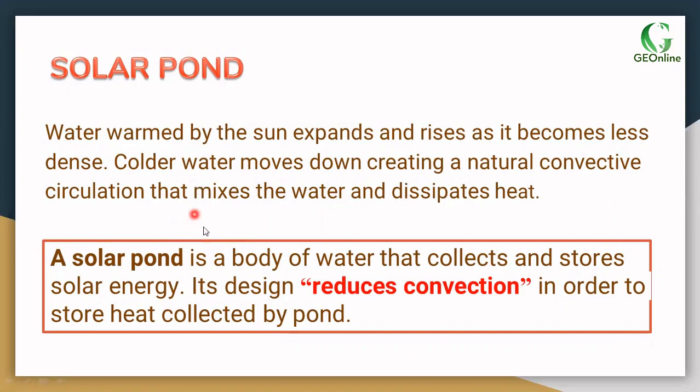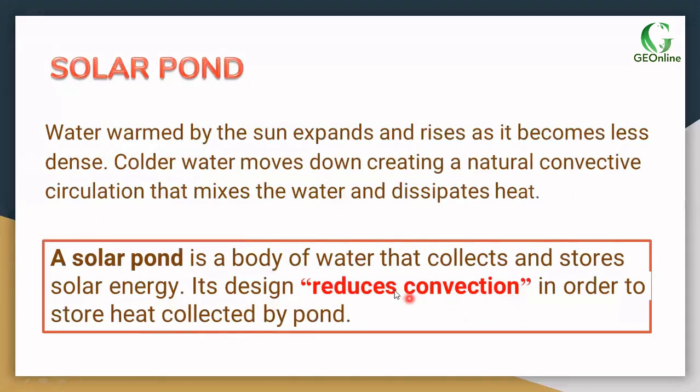Now we can discuss one of its applications, that is solar pond. A solar pond is a body of water that collects and stores solar energy. Its design reduces convection in order to store heat collected by the pond.